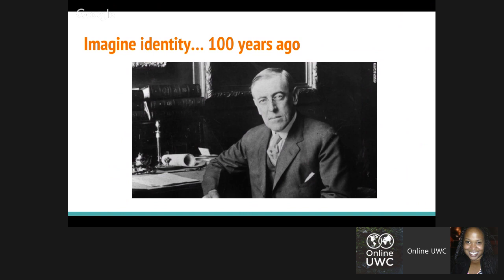And then also imagine identity not so long ago. So about 100 years ago, not exactly 100, but in 1918, an interesting thing happened, and if you know who this person is on this image, which you probably don't, you'll know the name, but probably not the face. This is Woodrow Wilson.